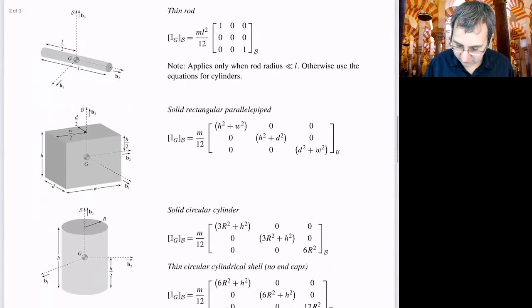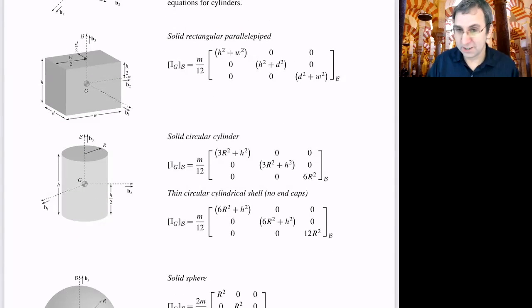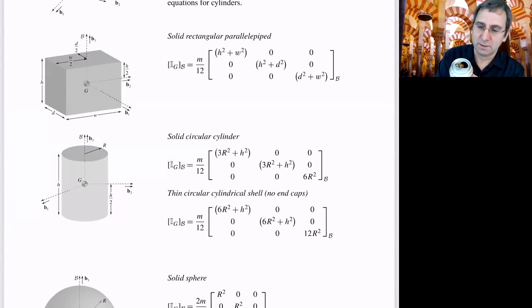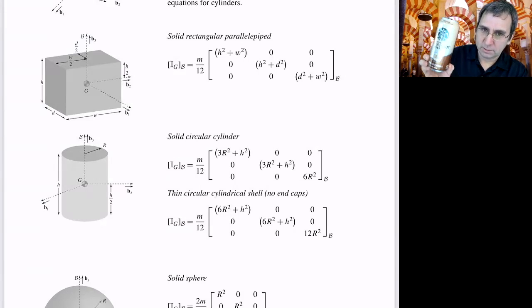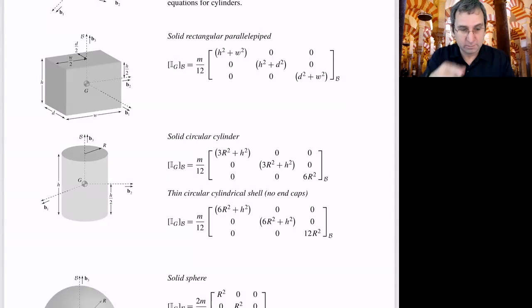And then this thing that it calls a solid rectangular parallelepiped, most of us would call that a solid box or block, but they're trying to be very precise here. Solid circular cylinder, would it be this bad boy right here? Thin circular shell will be this double shot of Starbucks that has me amped up, although with no end caps.